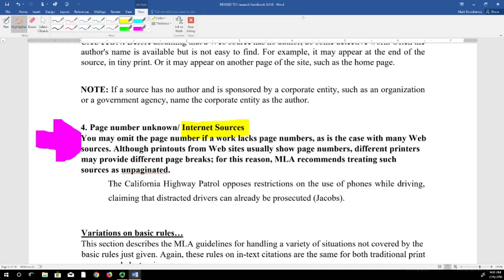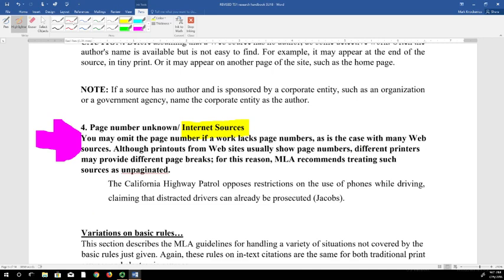There's no what? Page numbers. Therefore, what we have to do is we have to treat such sources as unpaginated. In other words, the numbering system that the printer spits out onto the pages, we have to ignore.